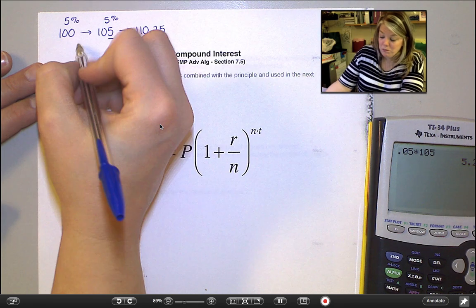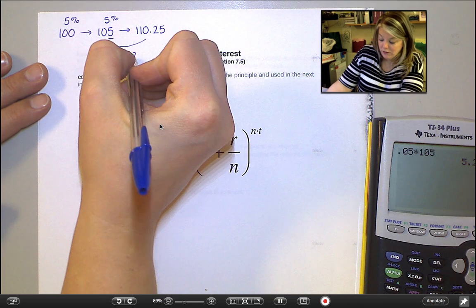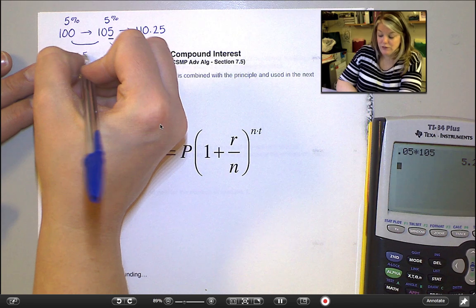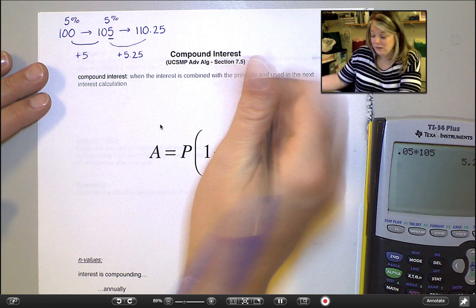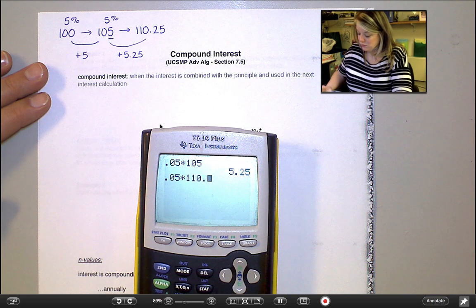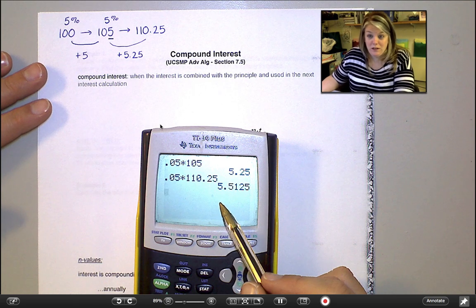So you earned more from here to here, where you added 5.25, than you did here where you added 5. Okay? And if we were to do this again, if you were to do 0.05 times that 110.25, you're earning even a little bit more. You're earning 5.50 this time.